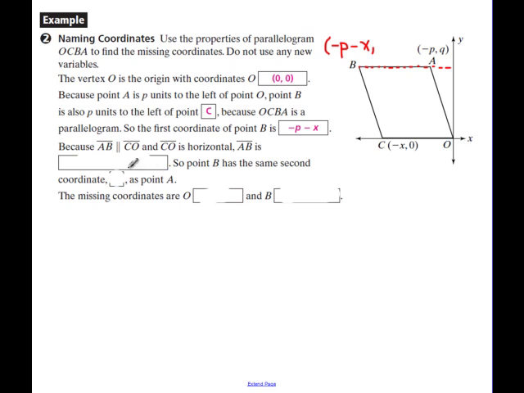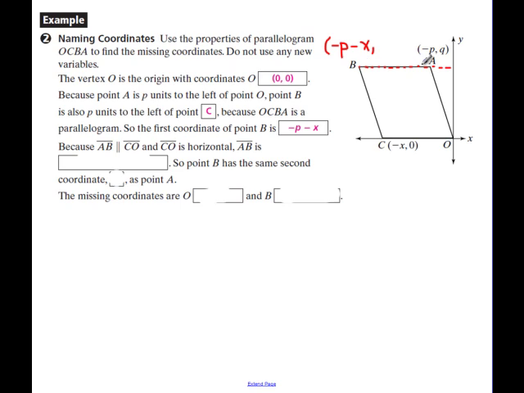Another way that we can look at this, the book says because AB and CO, so this line up here, AB, and this line down here, CO, are parallel, it is a parallelogram. We can see that CO is horizontal. It runs directly along the x-axis.